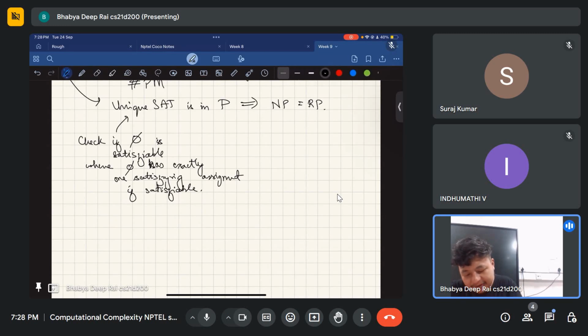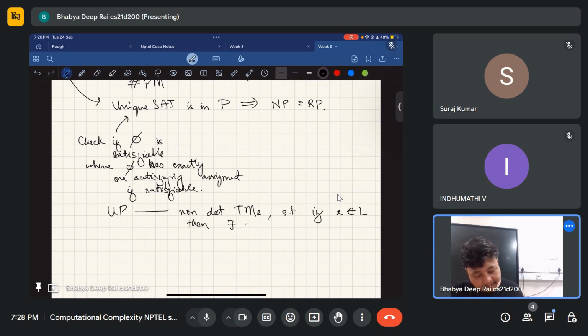Now I'll define something called UP. UP is characterized by non-deterministic Turing machines such that if X belongs to the language, then there exists exactly one accepting path.